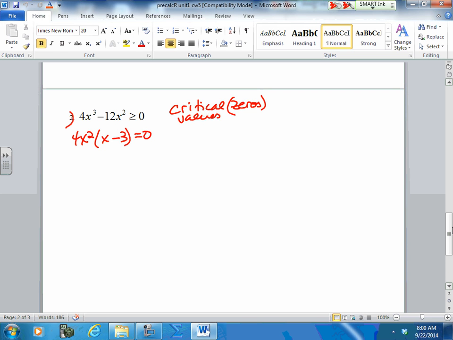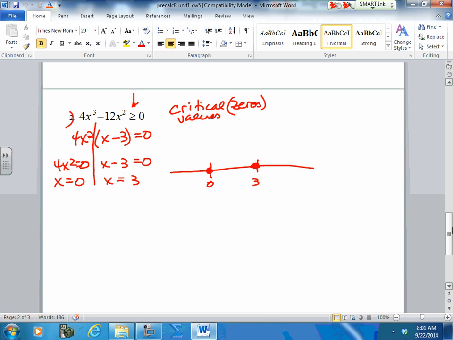We want to find your zeros. So x is equal to 0 and x is equal to 3. Should it be open or closed? Closed, because of the equal sign.